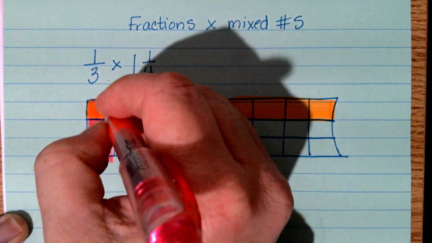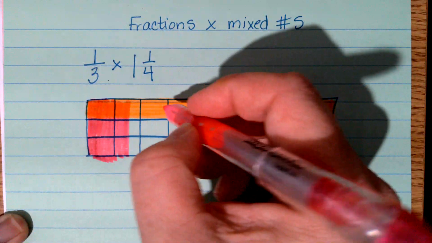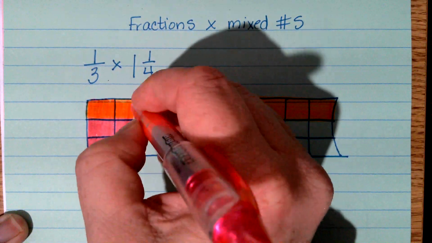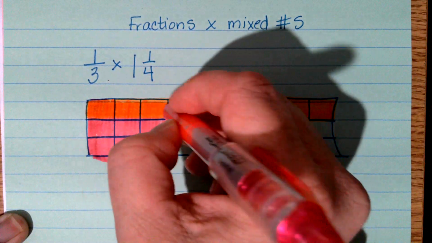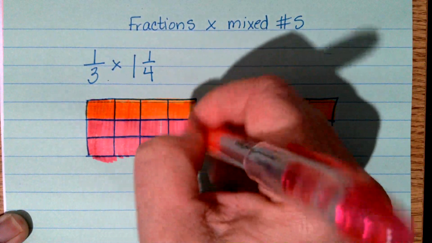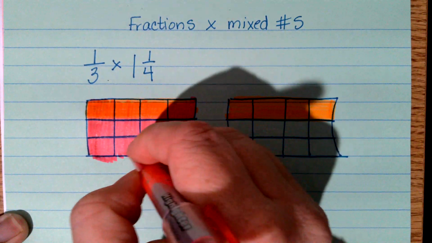And you can see as I'm overlaying that there's a darker area being colored in. Wherever that overlap is, that's going to be part of my product.